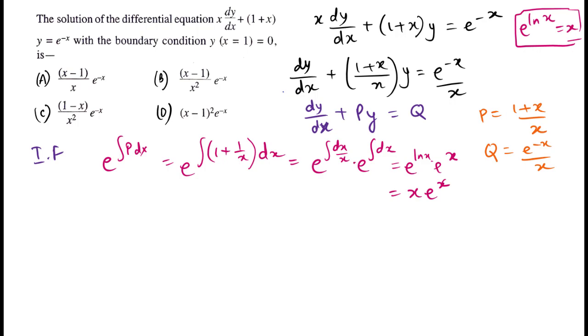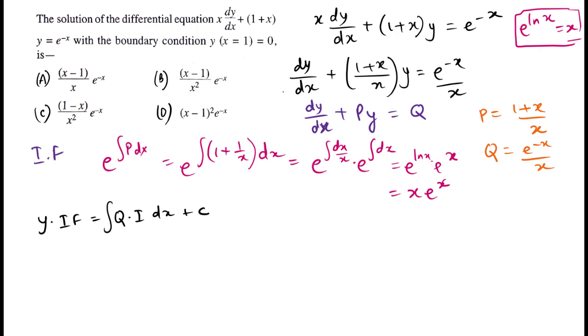Now we know the very famous equation which we need to solve this kind of problem. Whenever we find the integrating factor, we have to write y times the integrating factor equal to the integral of q times the integrating factor dx plus c.